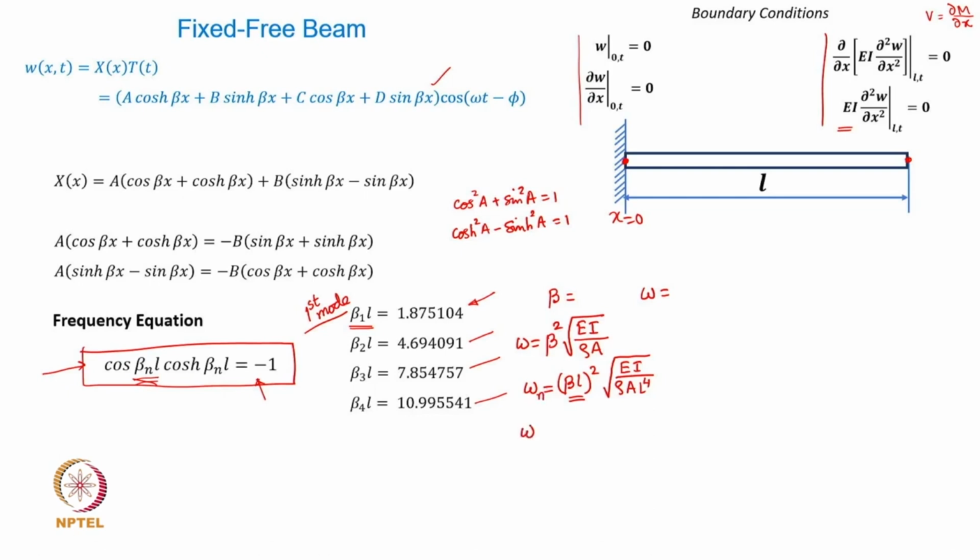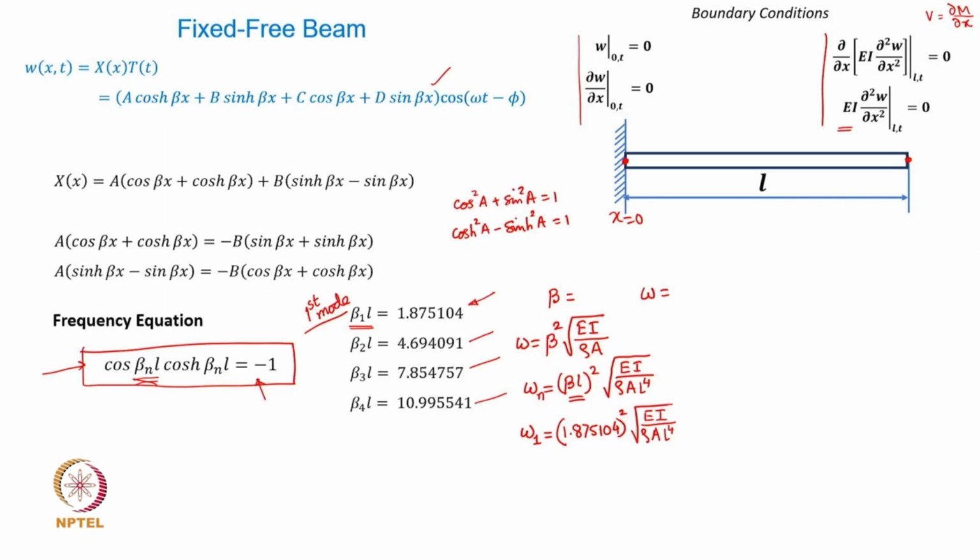So obviously omega 1, or the first natural frequency, is going to be 1.875104 squared times that. You may cut down on some of the significant digits here, but for a more accurate value, you can choose the number of digits here.